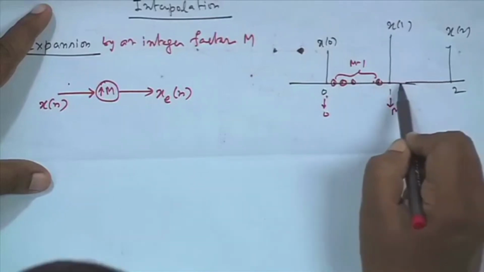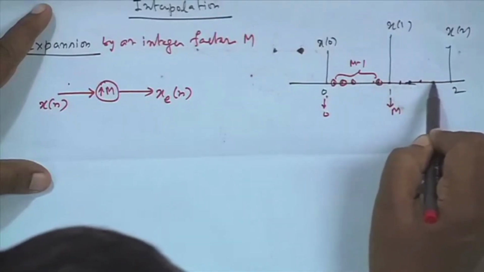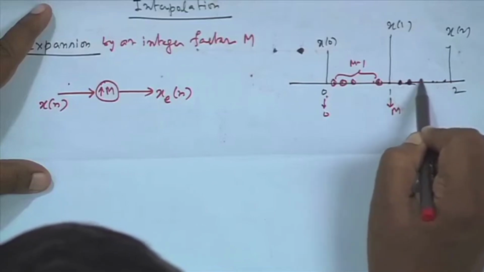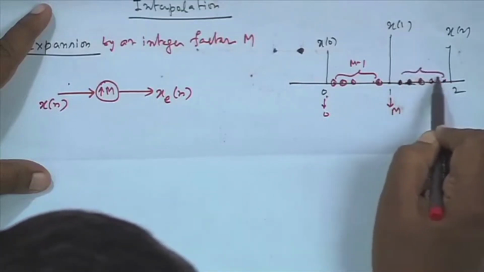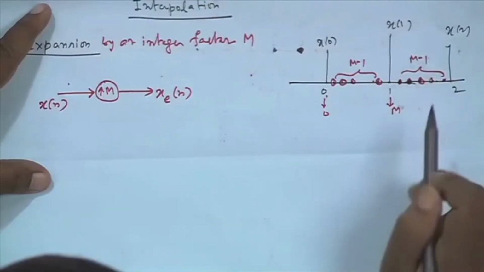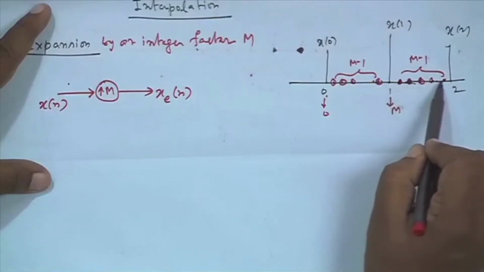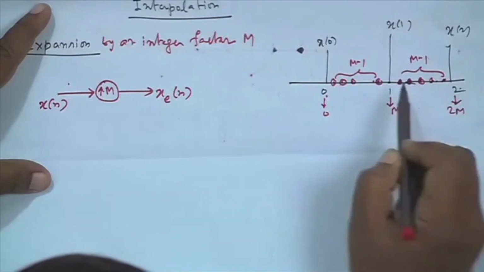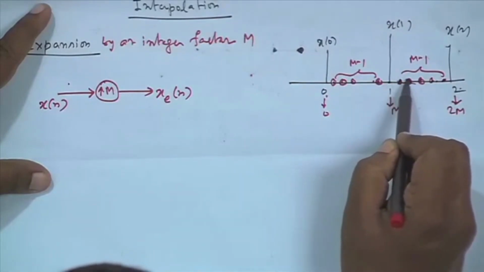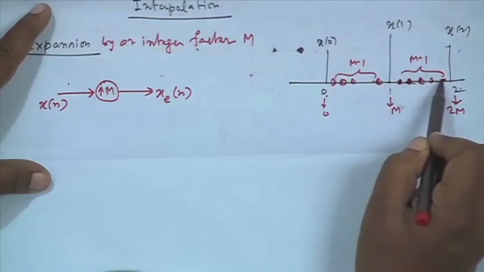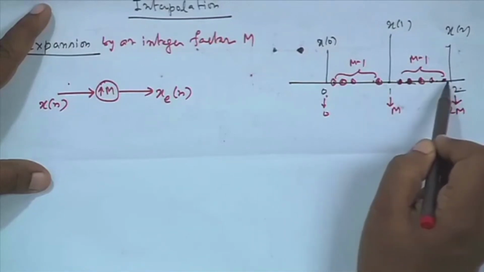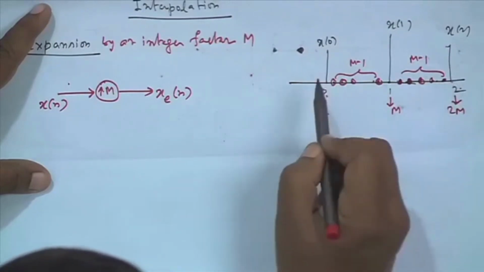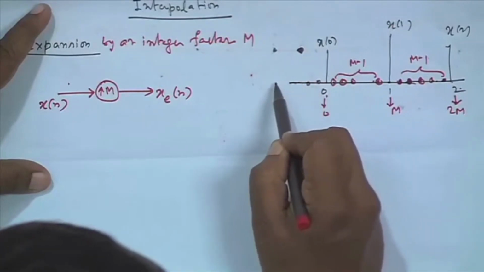So, this is m. Again here I create intermediate points and bring zeros, again 1, 2, 3 up to m minus 1. So, this will become 2m. This is m plus 1, m plus 2, up to m plus m minus 1. So, next is m plus m, that is 2m, and so on.